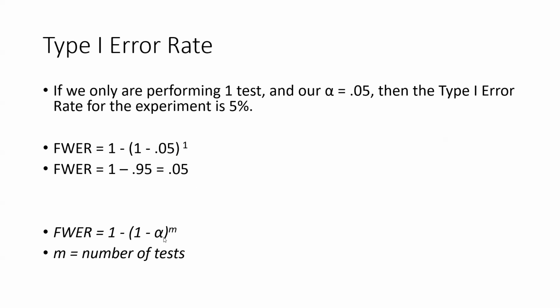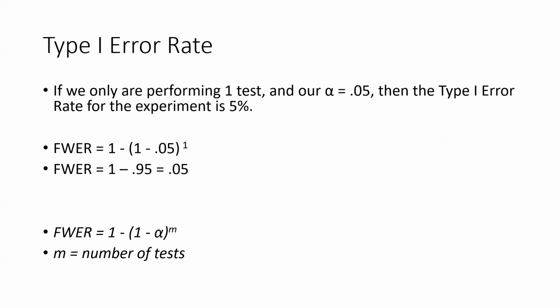This will be our alpha value, and this will be the number of tests. Make sure you don't get confused with order of operations, okay? So it's 1 minus, parentheses, 1 minus the alpha value to the power of the number of tests. So if it's only one test and our alpha value is 0.05, then our family-wise error rate is 5%.